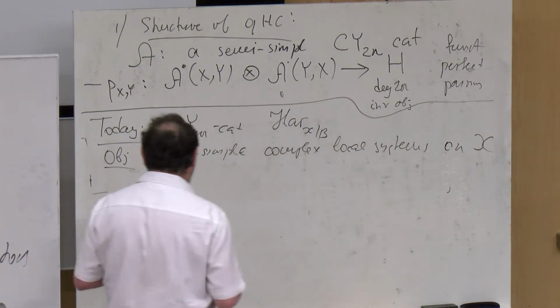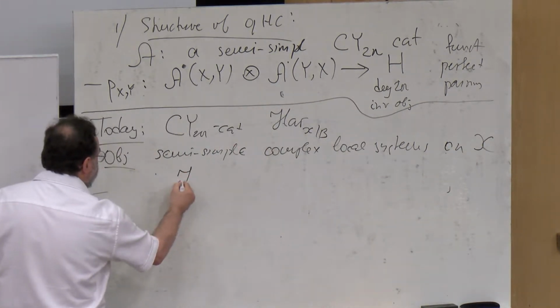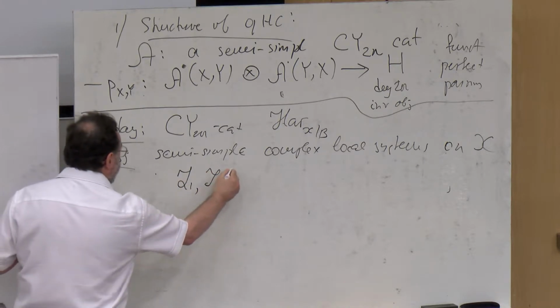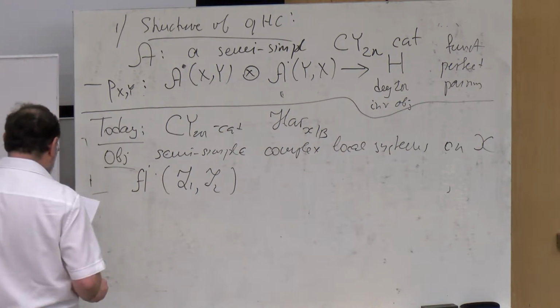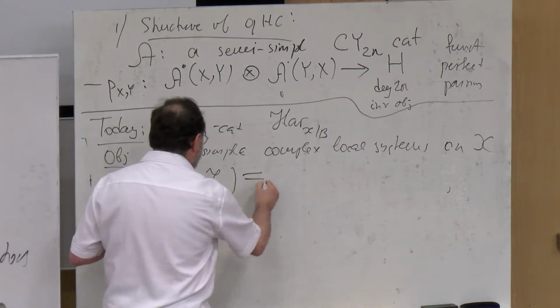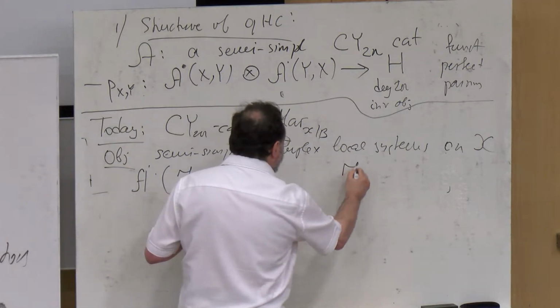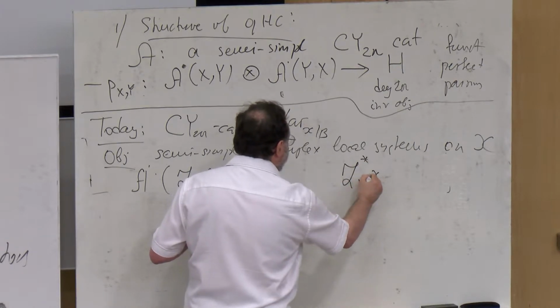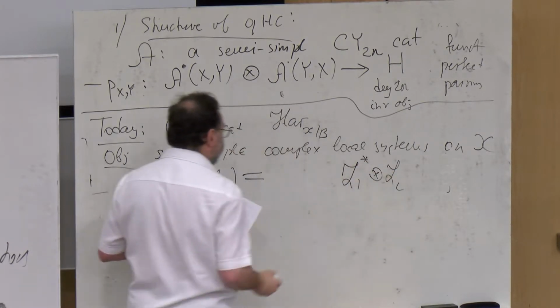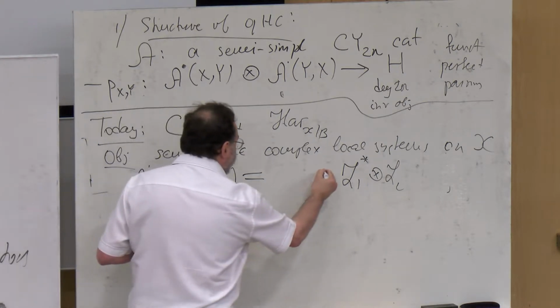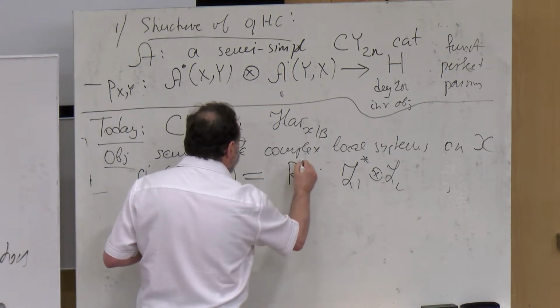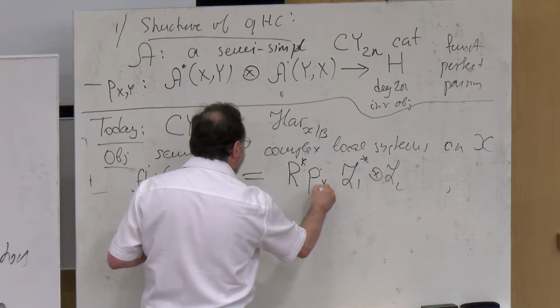Now homs. So if you have two local systems, L1 and L2, then you define Hom between them, which is what? You take internal Hom from L1 to L2, or L1 star tensor L2. So this is a local system on X. Then you can apply a Kth direct image to the base.